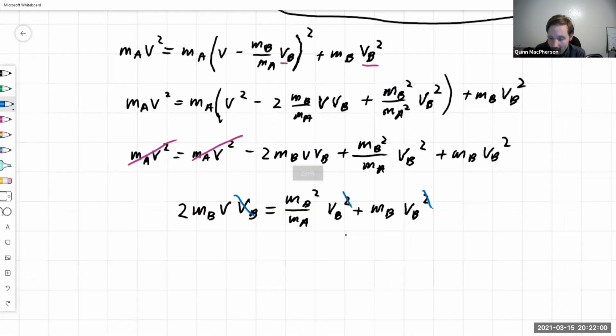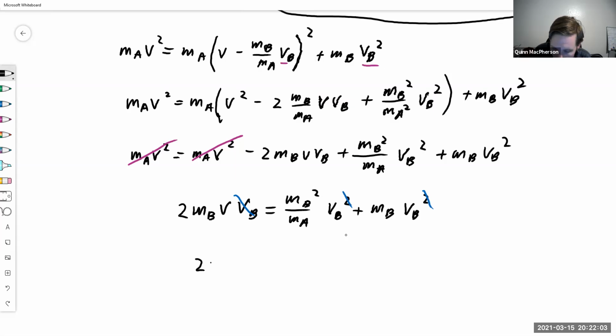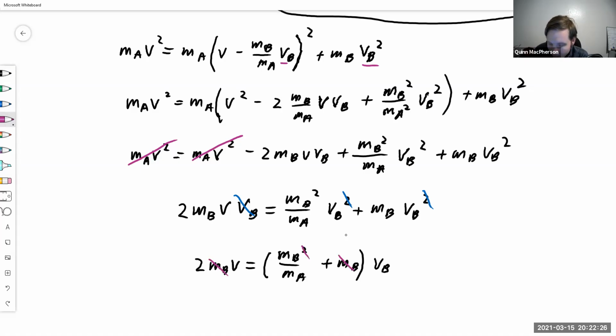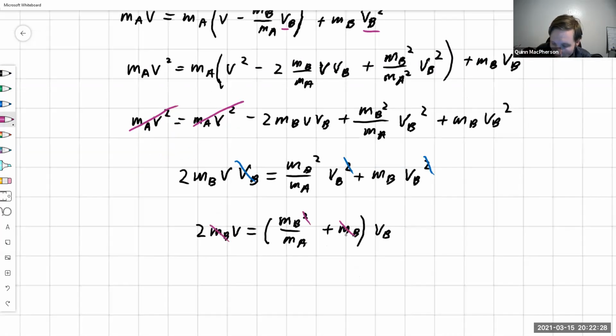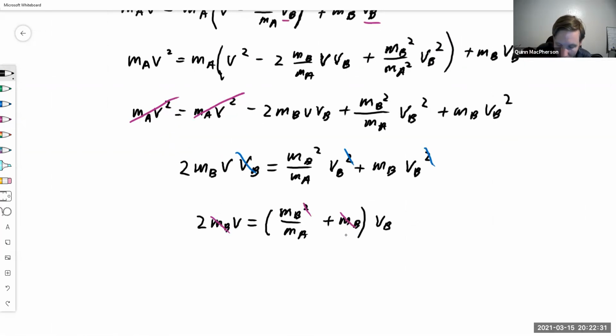Okay, then I get 2 MB V is equal to, I can pull the VB out of the other two terms, so I get MB squared over MA plus MB VB. Oh, wow, there's an MB in every term. And why don't I multiply every side by MA so I can get rid of this pesky denominator.